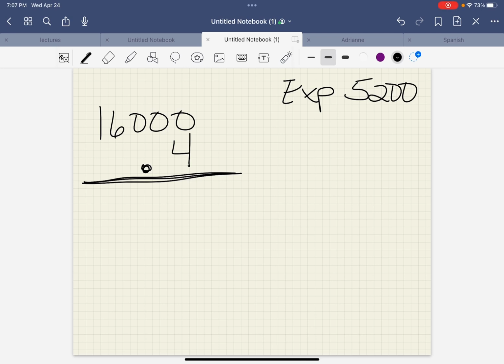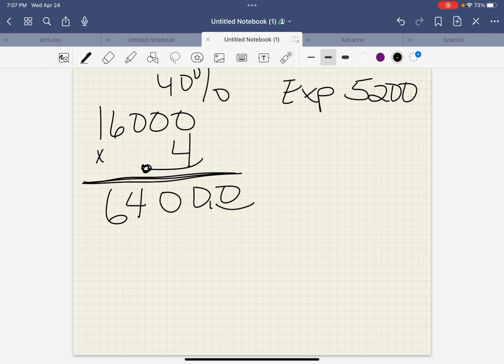So multiply, remember 40% is 0.4. So we're going to find out how much she's making off of these goods. So 0, 0, 0, 24, 6, move it over 1. Okay, so right now she has a profit of $6,400, but she has to pay these expenses.